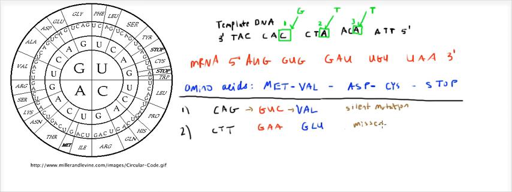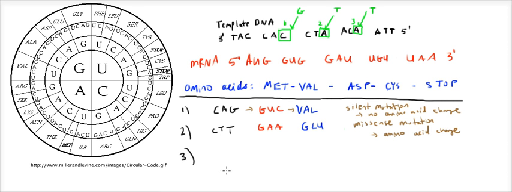Missense mutation. And that's because the amino acid changed. Whereas in the silent mutation, there's no amino acid change.